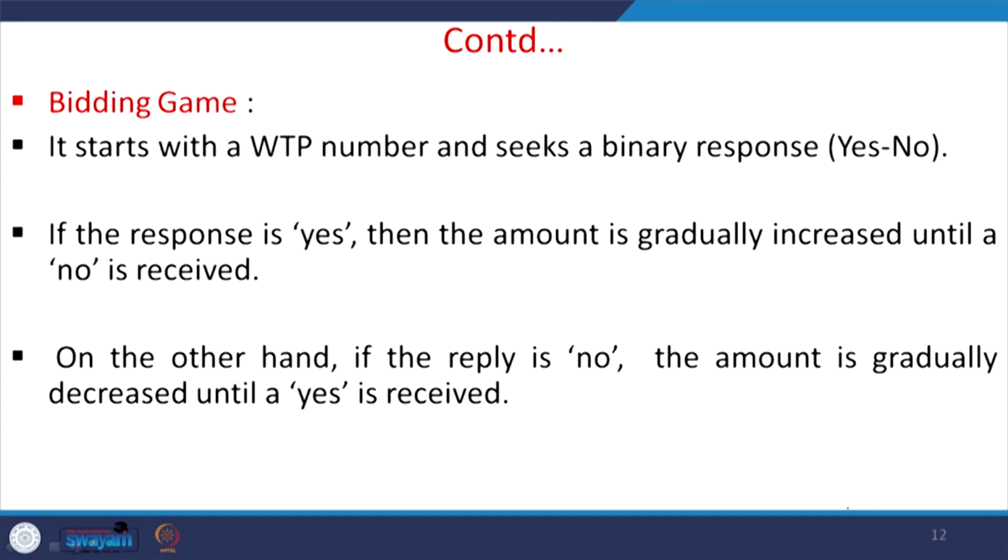So, if initially the respondent says no, I am not willing to pay 100 rupees to conserve this species, the interviewer decreases the amount maybe to 80 or 70. This process can be continued till a yes answer is received.